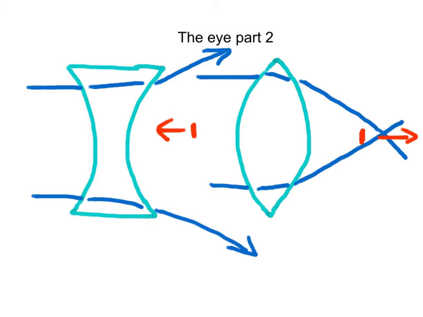Now obviously the focus for a concave lens is a virtual focus, so it's on the opposite side, like this light ray is coming as if it's from that focus on the other side, like that. But also, equally, the closer that focus is to the actual surface or the axis of symmetry of the lens determines how much that light is getting bent or deviated.